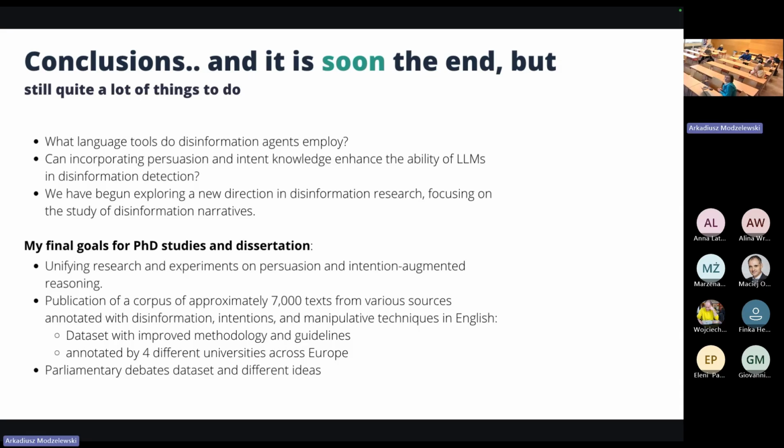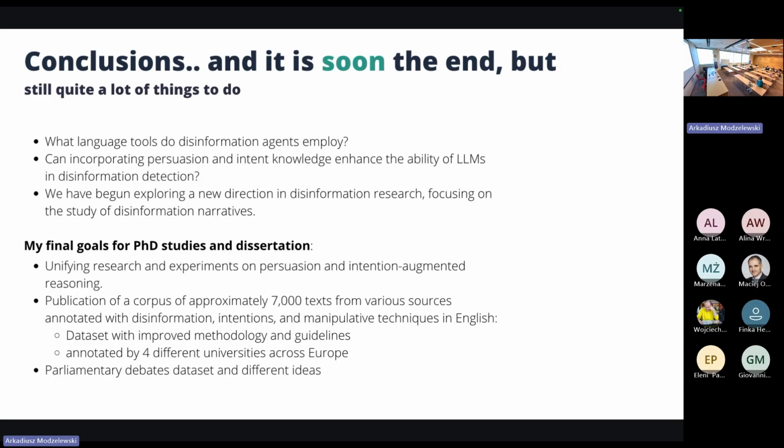My next steps are unifying my experiments on malicious intent and persuasion, and I hope I will extend it also with maybe some explainable methods, and I hope to publish it in a journal.